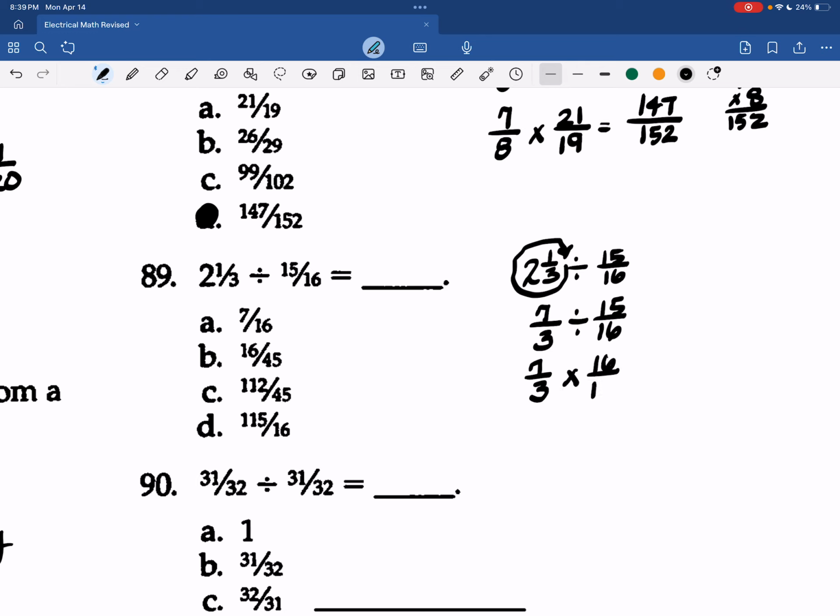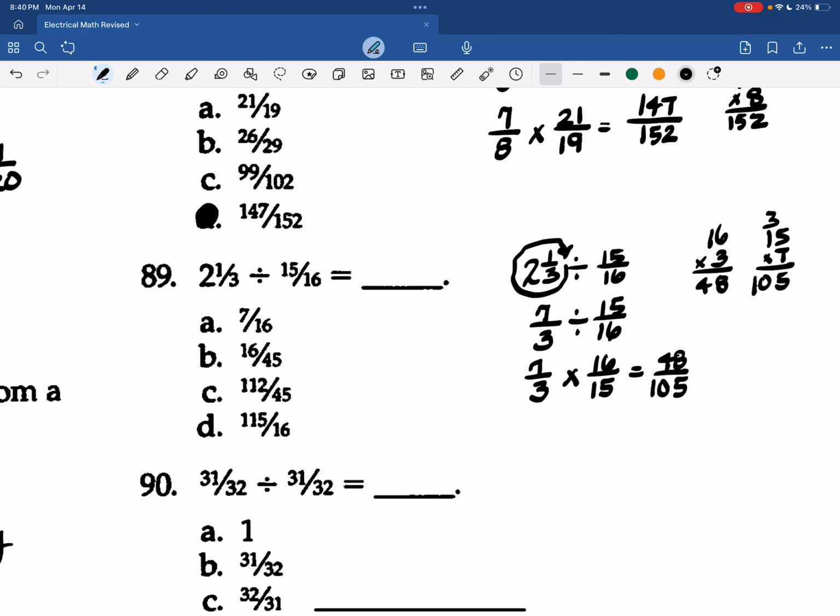And once I flip the fraction that follows, it's not going to cancel. So 16 times 3 is 48. 15 times 7 is 105. And I believe that's the answer we're looking for.